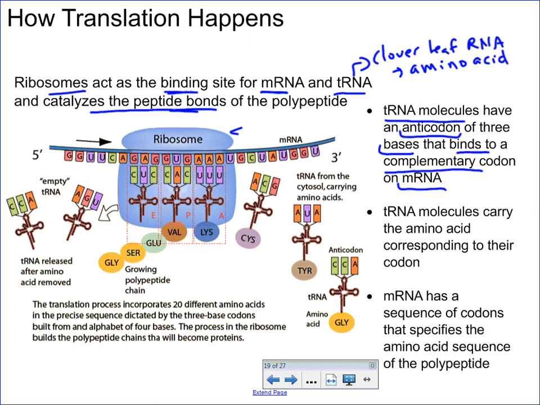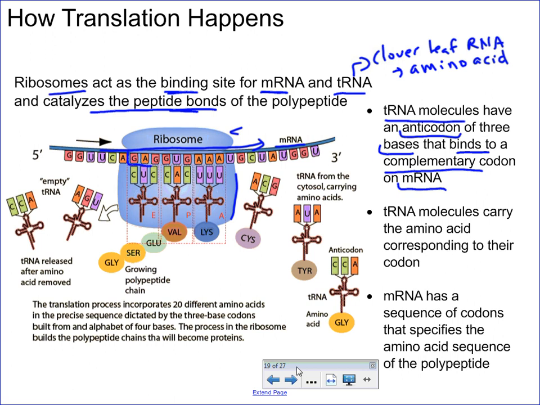So in the diagram here, the blue segment is going to be our ribosome. We have our mRNA passing through the ribosome. What the ribosome will do is that once it encounters that start codon, it will start then reading triplet bases.